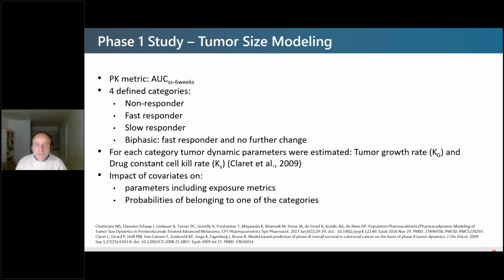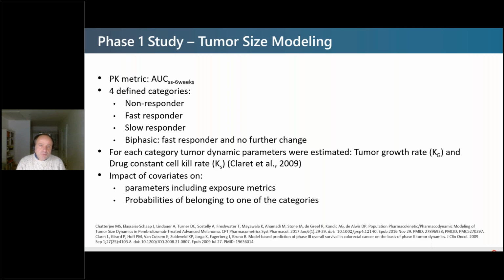All these categories were defined based on the dynamic of the tumors for each individual. As we mentioned earlier, this dynamic of the tumor could be described with 2 rate constants, the tumor growth rate and the drug-induced cell kill rate, the tumor shrinkage rate.